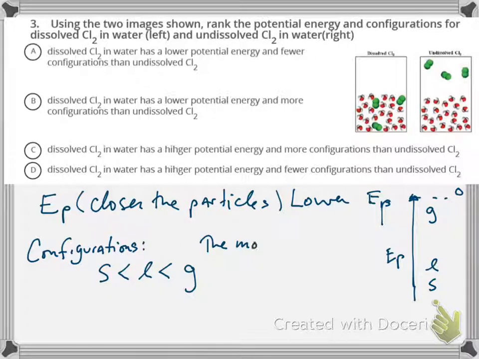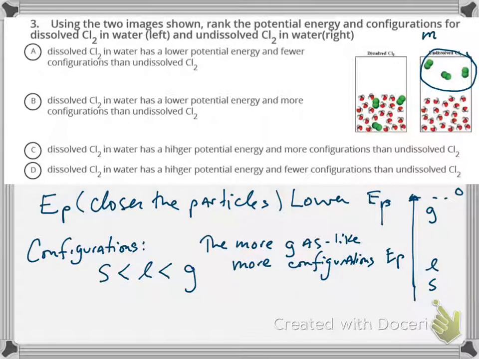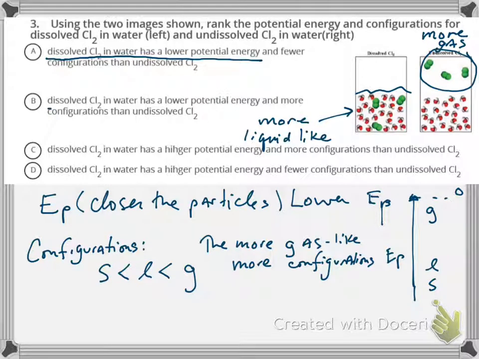And so we're looking for the state. The state here to assign configurations is which one is most gas-like, because gases have the highest configurations. And so we see that the undissolved Cl2 in water is going to be most gas-like. It has gas particles, while the dissolved is more liquid-like because all of the particles are inside the liquid phase.